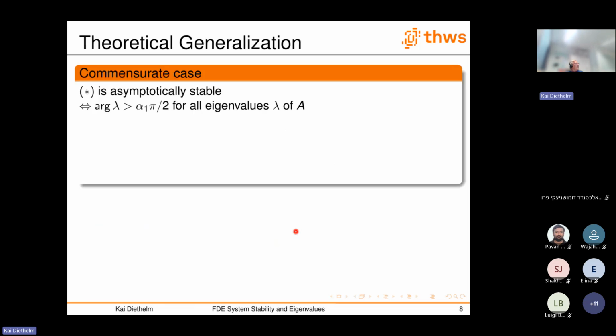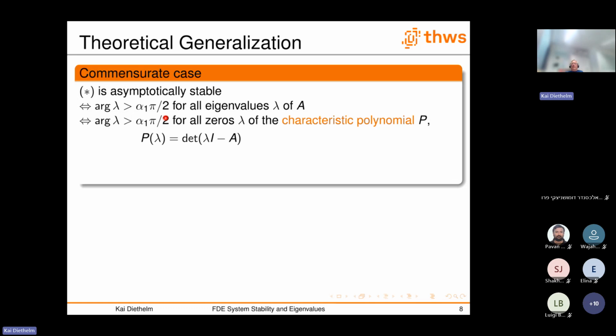Okay, so let's just write that down once again. The linear system with constant coefficients is asymptotically stable in the commensurate case if the argument of each eigenvalue, and this should read the absolute value of the argument, I'm sorry, is bigger than alpha 1 times pi over 2.